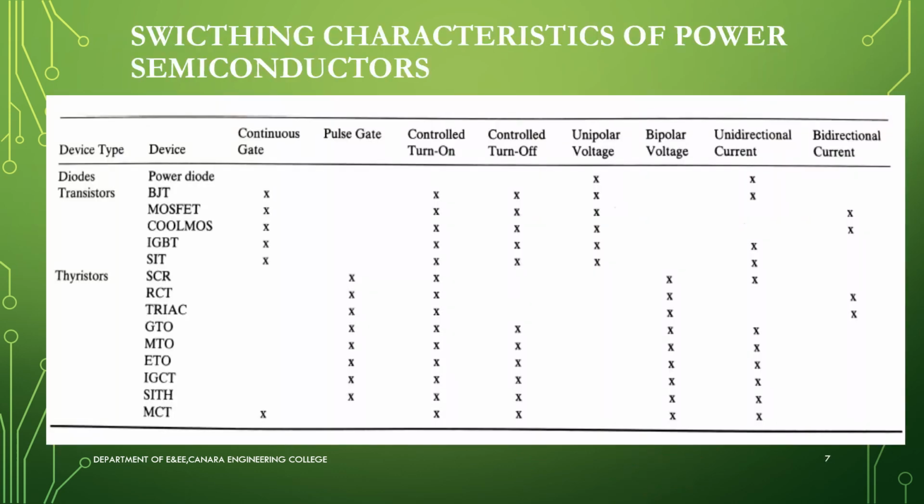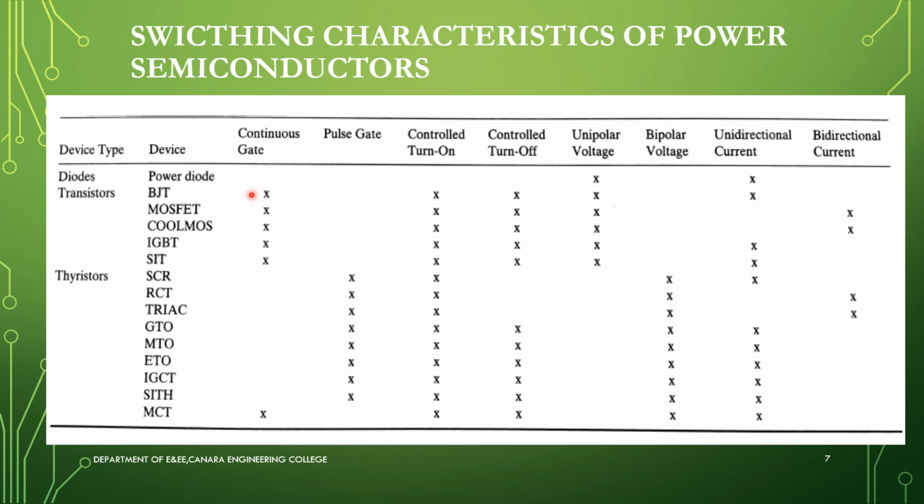So here you can have an overall summary of the device types. Okay, diode family, transistor family, thyristor family. These are the semiconductor devices. Here it indicates that it requires a continuous gate signal.